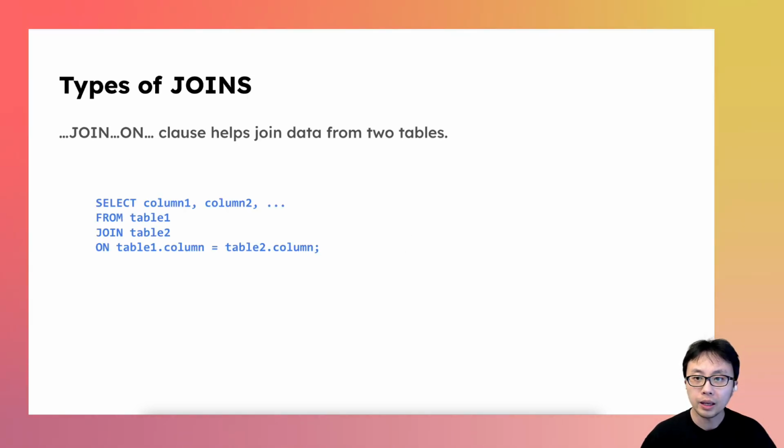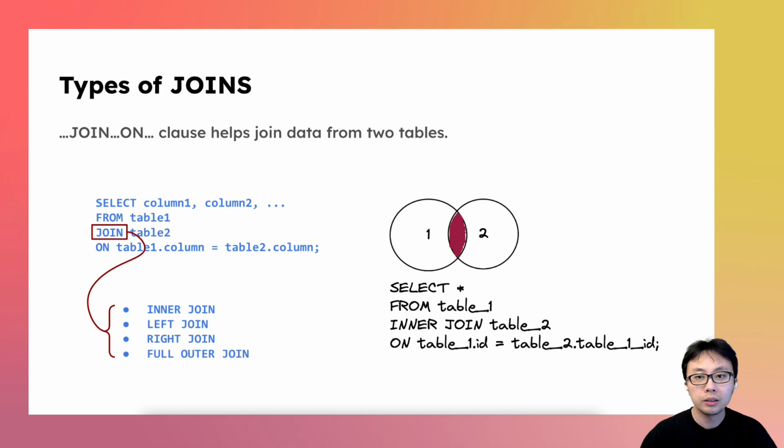So this is the general syntax of how to use the join on clause to join data from 2 related tables. There are actually more than one type of join, and the join keyword can be replaced by the following options, including inner join, left join, right join, and full outer join. Different types of joins will give you different results.